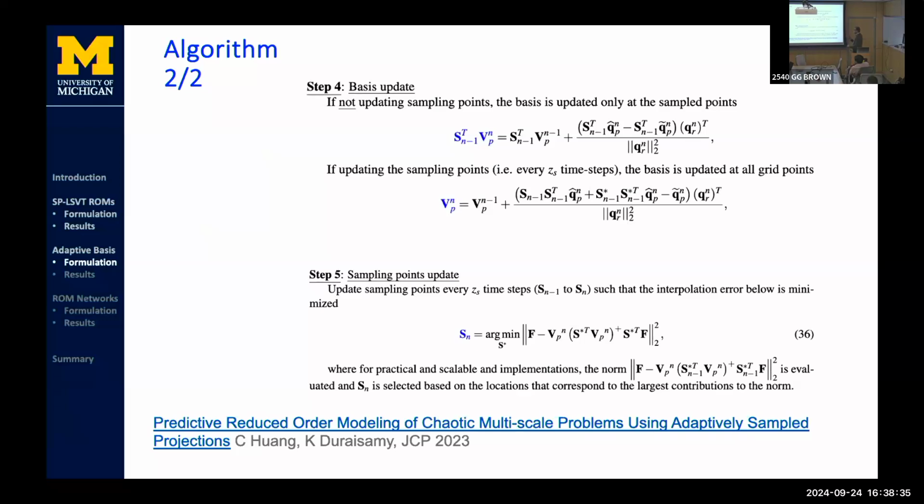Again, there are different ways of approaching this, and the details are in the paper. But the high-level idea is you are sampling the solution at a few points and using that to guide the nudging of your basis, okay? There are also some complexity things, but in the context of this talk, I just want to hit the high notes and guide you.